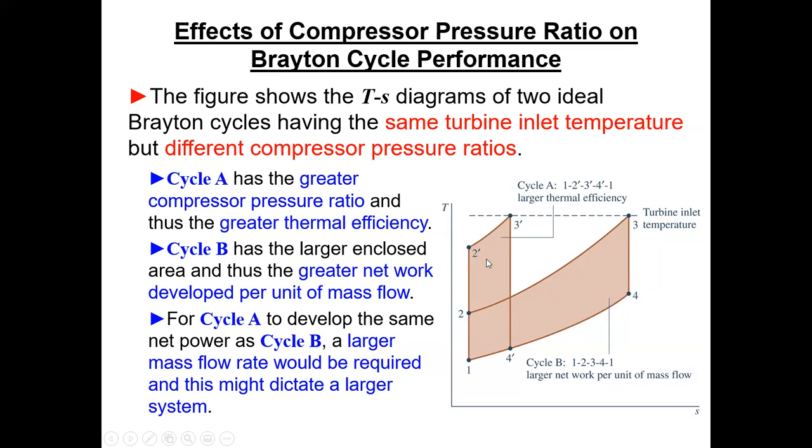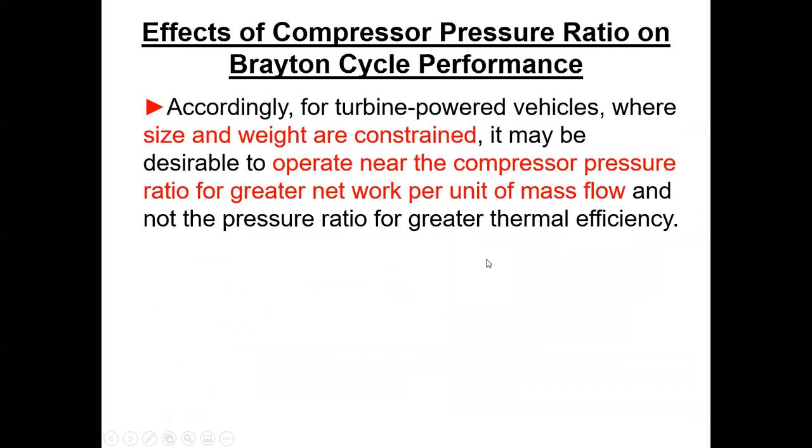And that might require a larger system, maybe more weight. So if we're doing transportation, for turbine-powered vehicles where size and weight are constrained, it may be desirable to operate near the compressor pressure ratio for greater net work per unit of mass flow and sacrifice your thermal efficiency. So it just depends.